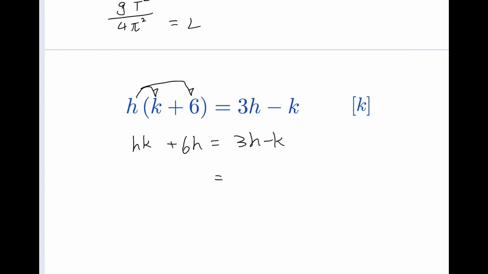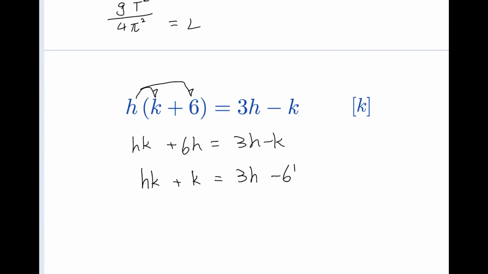So here is hk plus k, and 3h minus 6h. This positive 6h goes to the other side, so it becomes negative 6h. This one, negative k, goes to the other side to become positive.